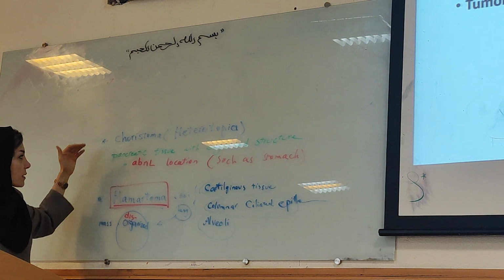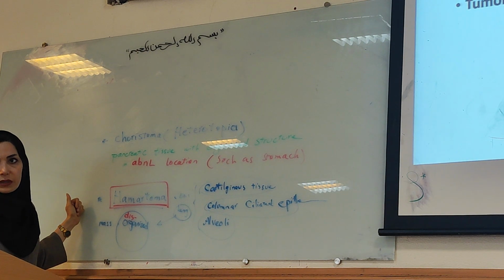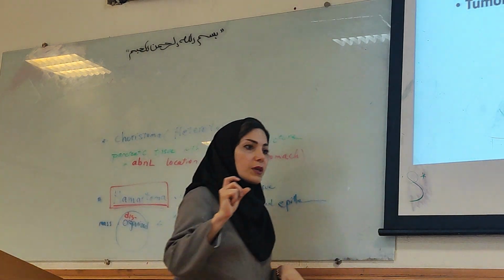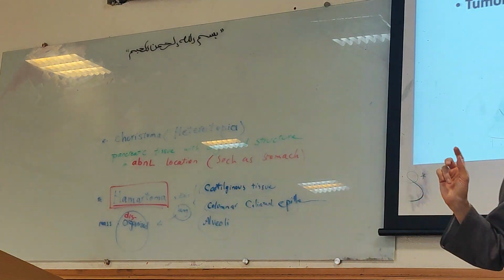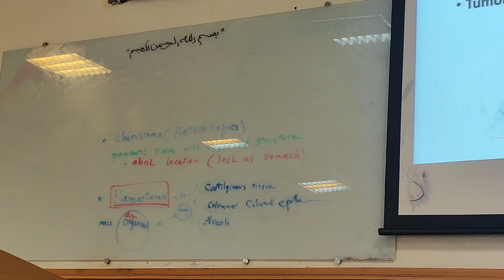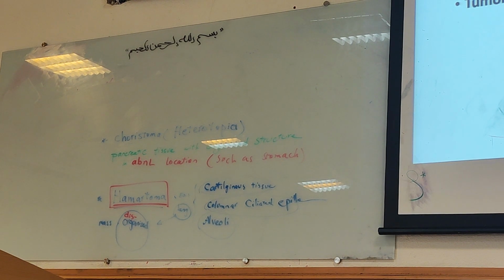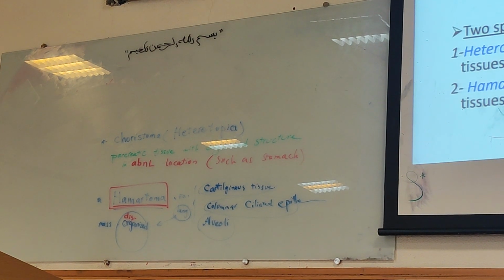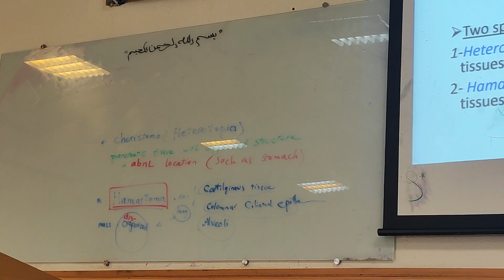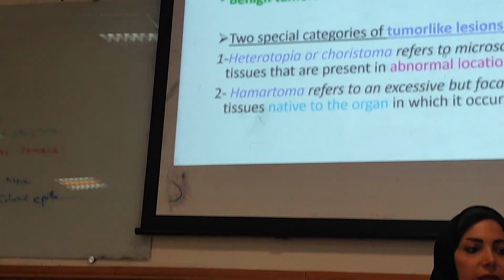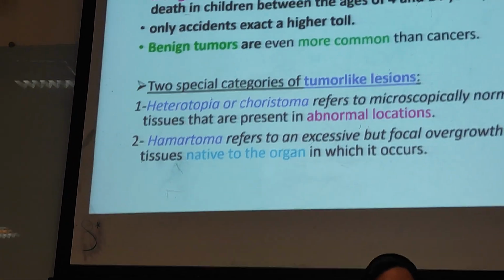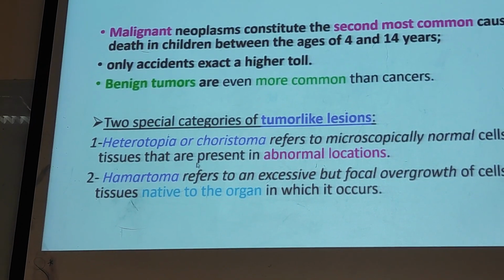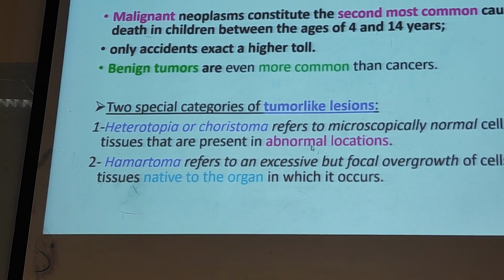And these titles are different from each other. You should know the exact definition of them and not mistake them for each other. You understand? Yes. Two special categories of tumor-like lesions: heterotopia or choristoma refers to microscopically normal cells or tissues present in abnormal locations.